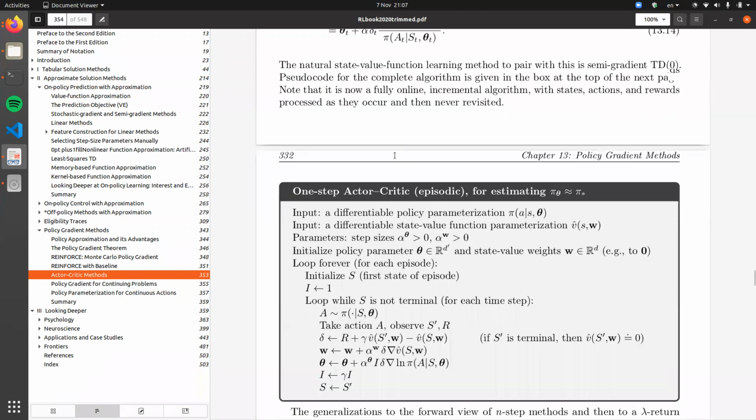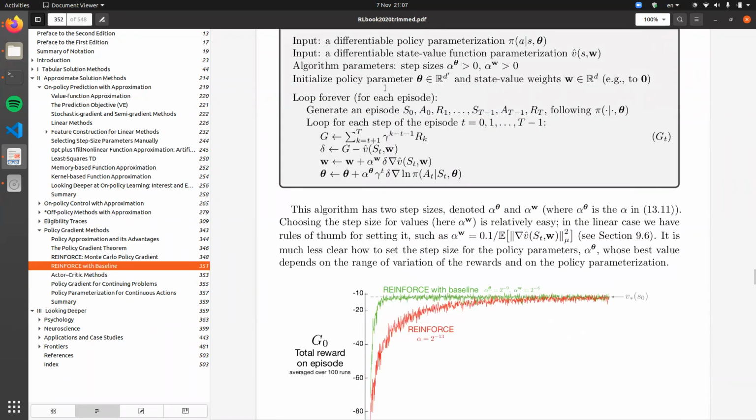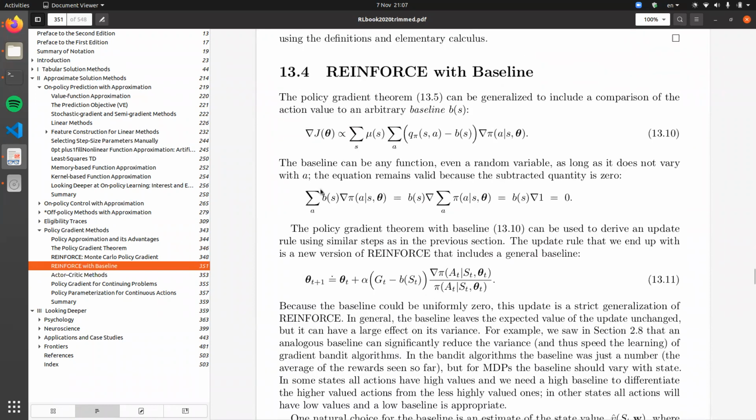The baseline, which we discussed before, does not introduce any bias. So this line here shows that the expectation of the change in the expectation is 0.